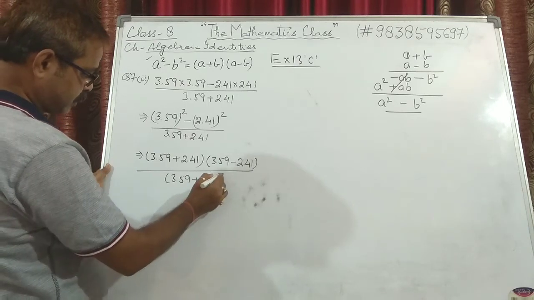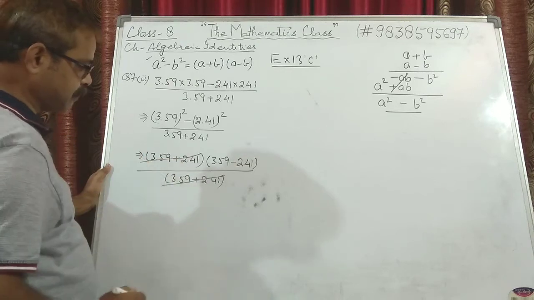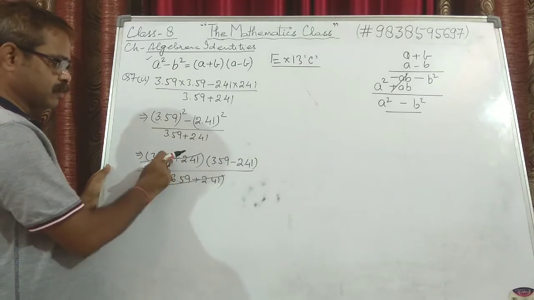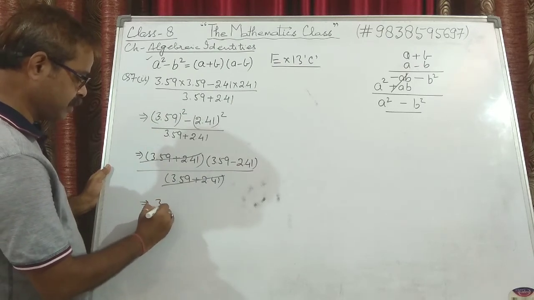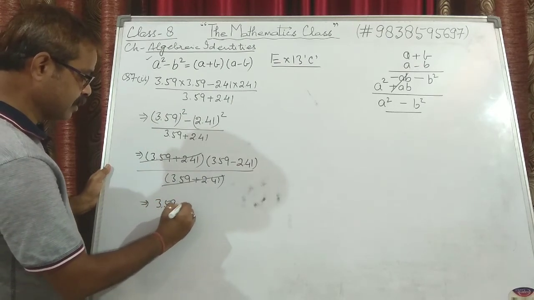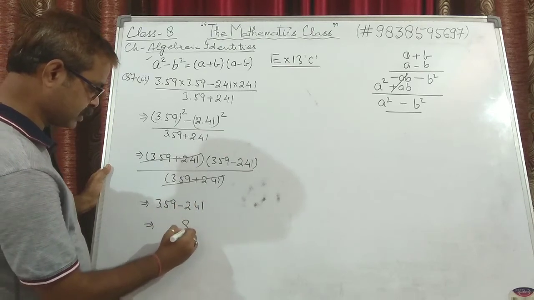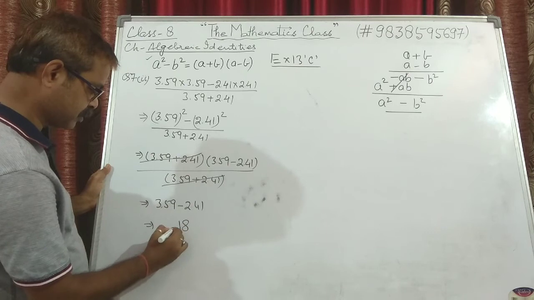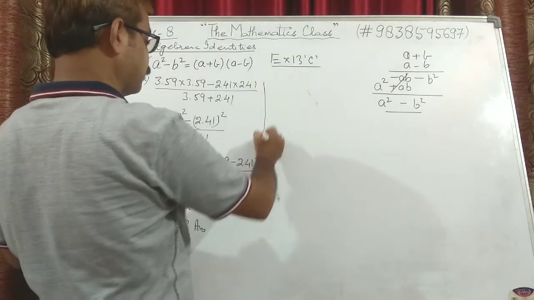Now whatever this total value and this total value come to, they will be the same, so the numerator and denominator will cancel. What is left with us is 3.59 minus 2.41. 9 minus 1 is 8, 5 minus 4 is 1, 3 minus 2 is 1. That is the final value: 1.18.